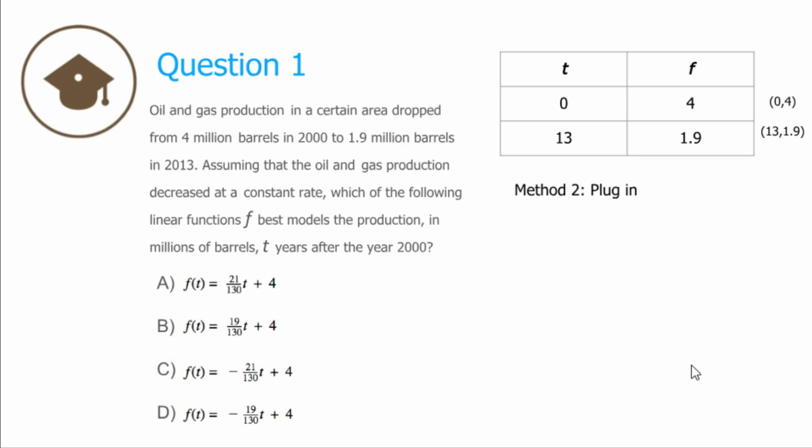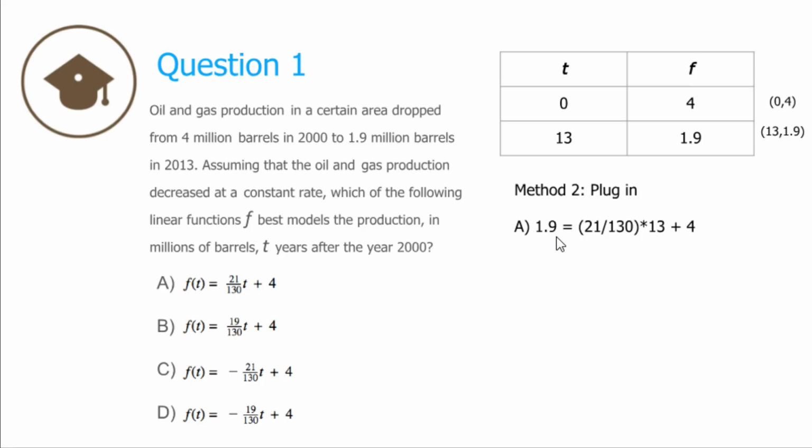All right, now, if that didn't come to us, if we did not remember that, hey, we can find a slope using 2 points, what we can also do is plug in our coordinate points into our equations to test them. So we can start with A, and we'll plug in 1.9 for F. We'll have our slope right here, and then plug in 13 for T, plus 4.